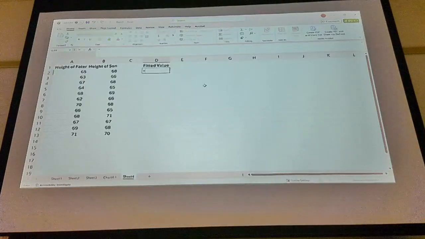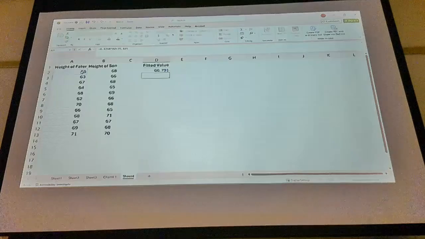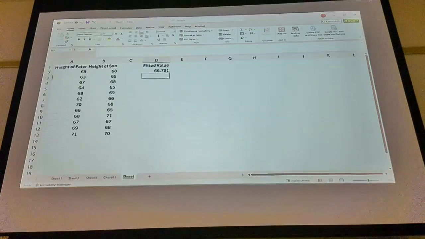They actually gave us the equation on the chart: 0.4764 times x plus 35.825. This is what it's predicting using the least squares line. So they predict that the height of the son for this father would be 66.791 inches.